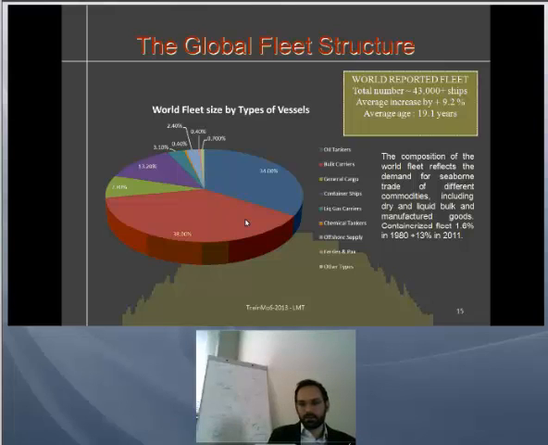This age is actually dropping in the last few years through new deliveries and a lot of demolitions taking place at the moment. So this composition of the world fleet reflects the demand of seaborne trade of different commodities, whether it is bulk cargo, containers, or oil.